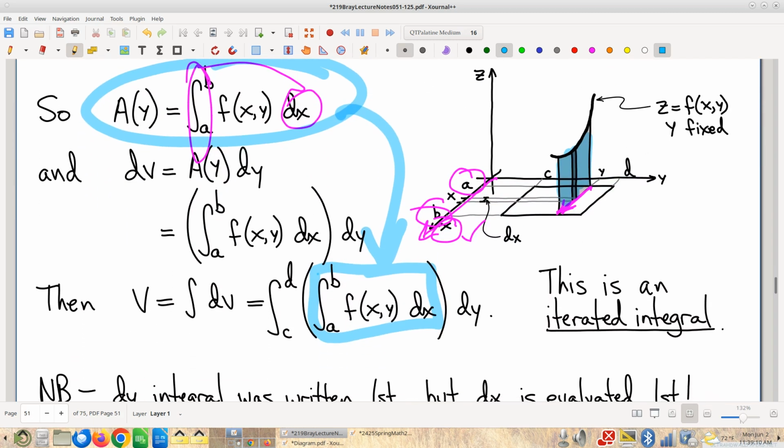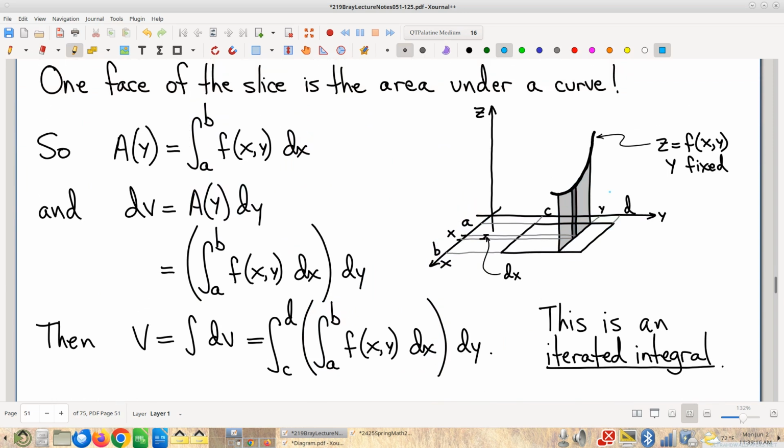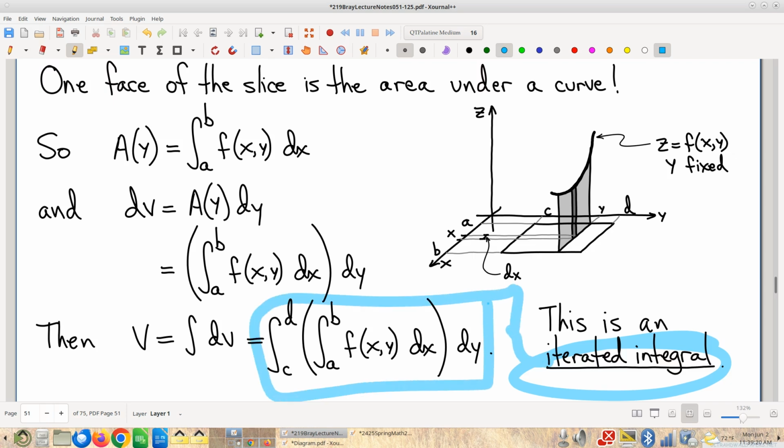Okay. All right. So this is called an iterated integral. The term bugs me just a little bit, but this is the common term to describe this expression. Now, the reason they call it an iterated integral, you probably noticed, is because it's an integral of an integral. Or said differently, we start with some function, and then we integrate it, and then whatever the result is, you integrate that.